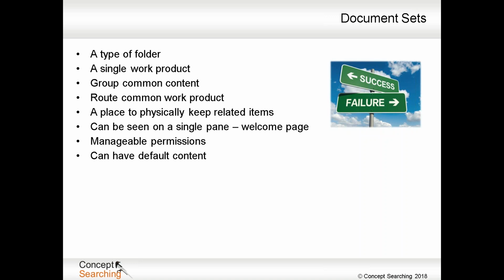So if we have, say, projects, and every project needs a certain set of documents in it, which can be auto-populated in the document set, and certain metadata to help us manage those documents in that set. When we create a document set, those can automatically be provisioned, and we can group common content in those document sets. A very common one is a project document, where we need some consistency across those.